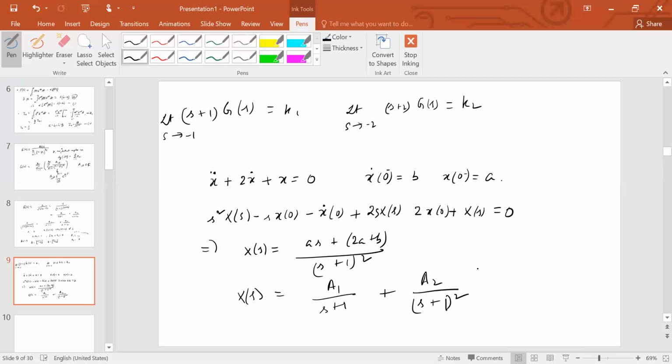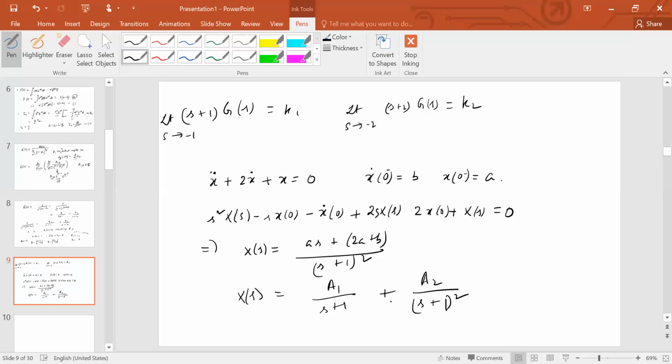Please check as part of an exercise that this is indeed doable. What do you have to do in order to check that? Look at this X. That's why you're dealing with strictly proper transfer functions here, right? So basically the degree of the numerator is 1 less than that of the denominator. That is what enables you to write it in this form. So check that.